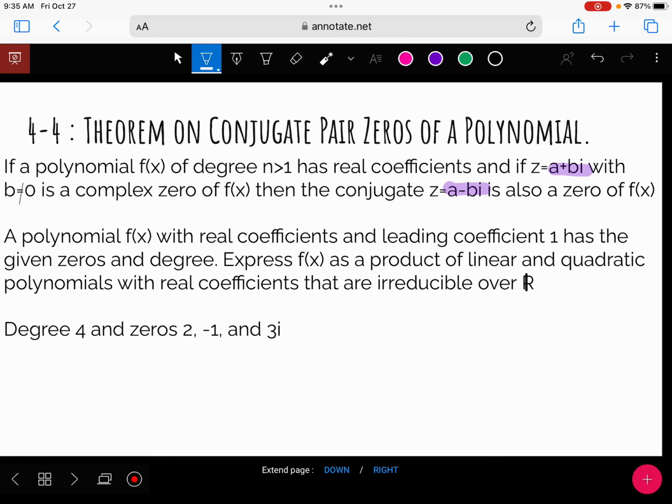The second paragraphy looking thing is the instructions for the problem. Write an equation in factored form to start that has a degree of 4 and the zeros of 2, -1, and 3i.